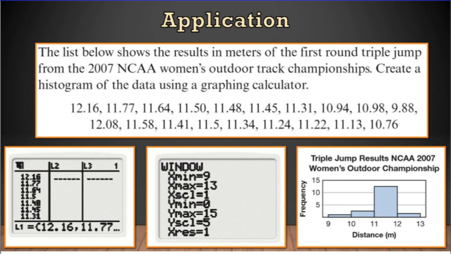So you have to enter the data into a list on your graphing calculator. There is a page in our book that will give us more information on how to do a histogram. That would be found on pages 404 and 405 of your textbook. But let's go through how to do this in our graphing calculator. So let me pull up my calculator here.